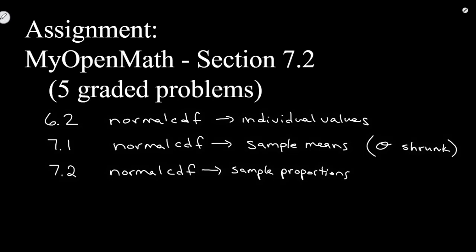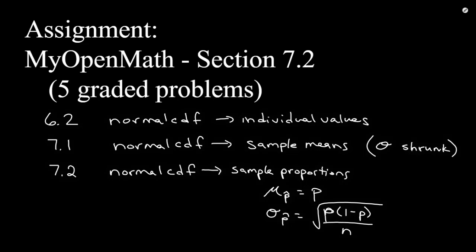Okay, and again, the mean, when we talk about the mean of p hat was equal to p, and then the standard deviation of p hat, we had to plug it into that formula, the square root of p times 1 minus p over n, and that's what we would do for our standard deviation.